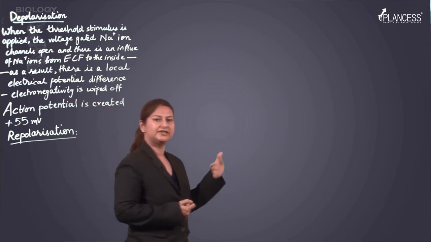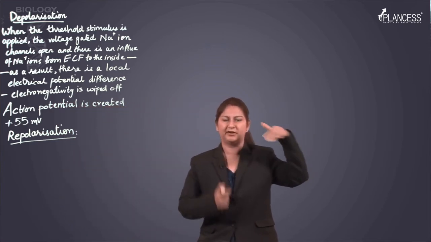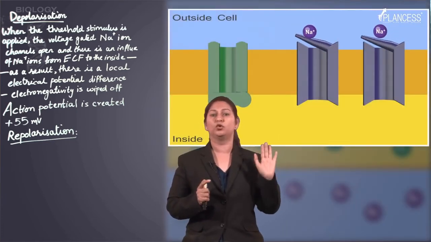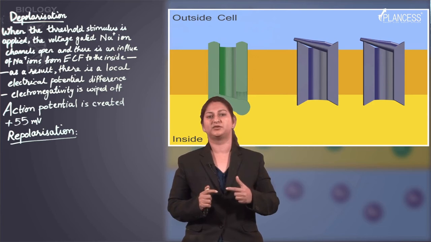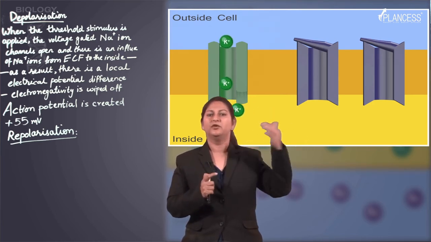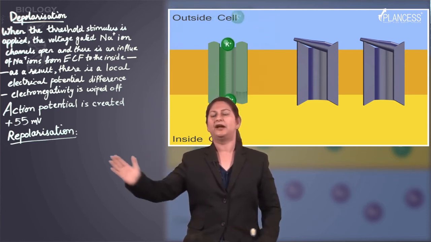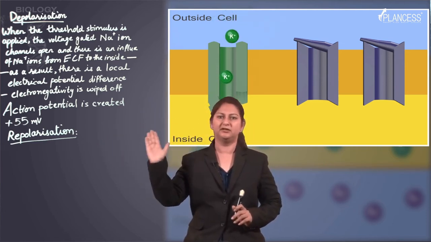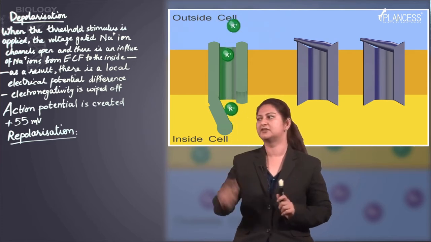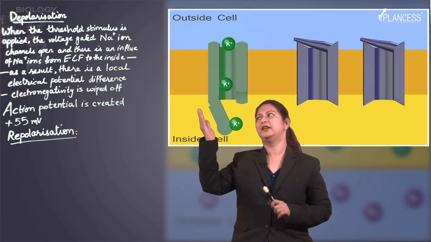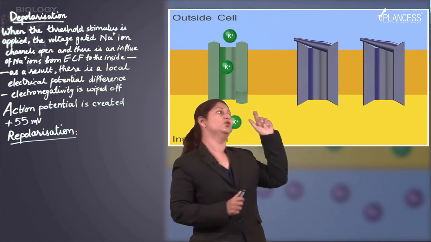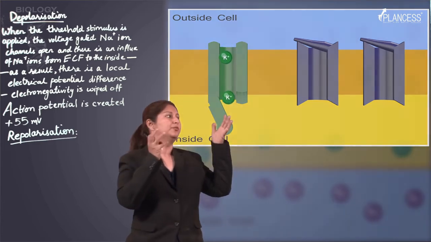Because of the increased positive atmosphere inside, the sodium gates will now close and the potassium gates will open, and now the potassium ions will start moving, and that will bring the activated neuron back to its rest, and that is repolarization, exactly opposite of depolarization.